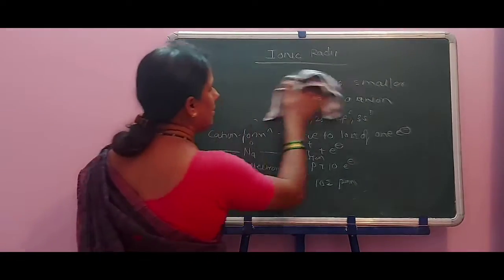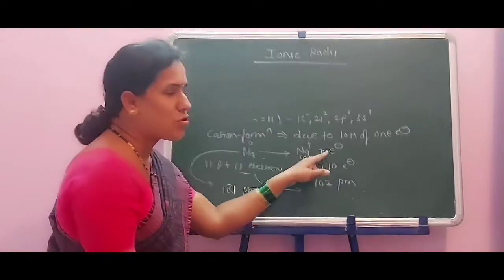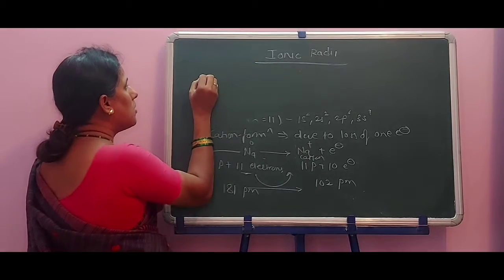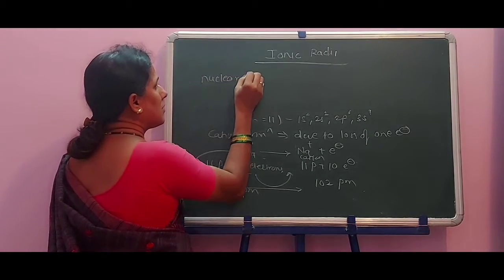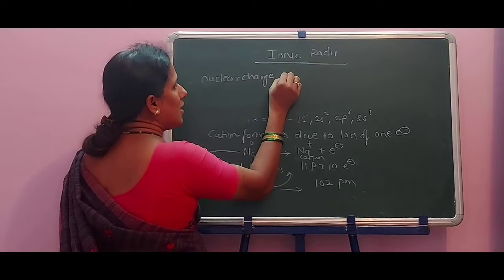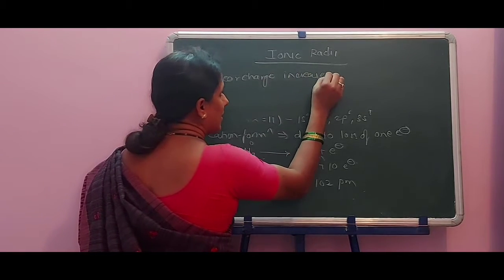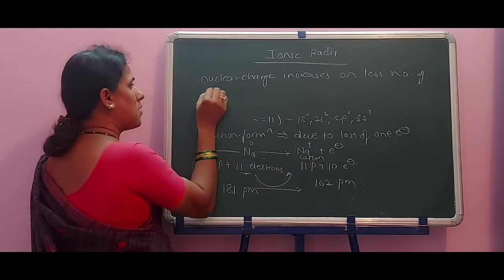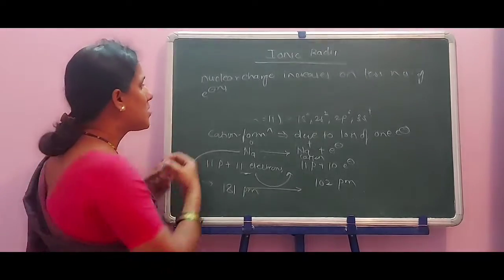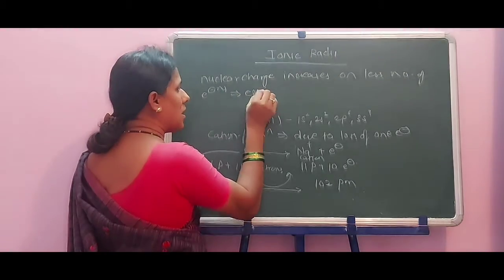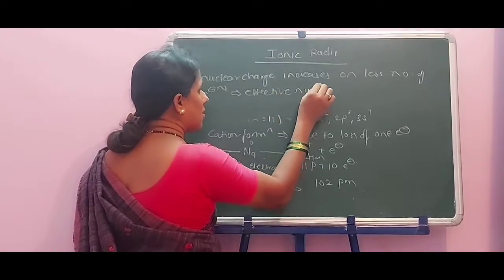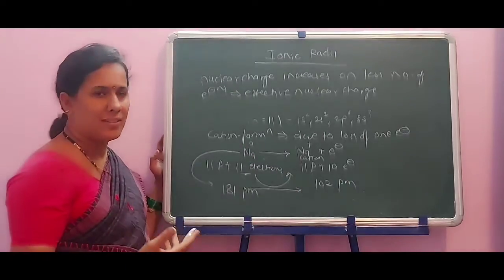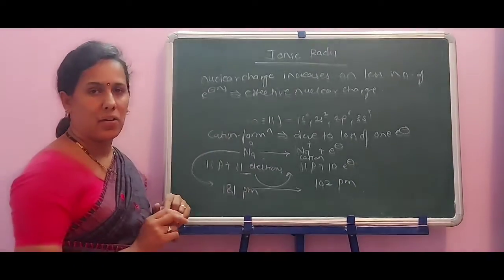Due to loss of one electron, the number of electrons is reduced, therefore the nuclear charge increases on less number of electrons. So the effective nuclear charge as a result increases due to less number of electrons.